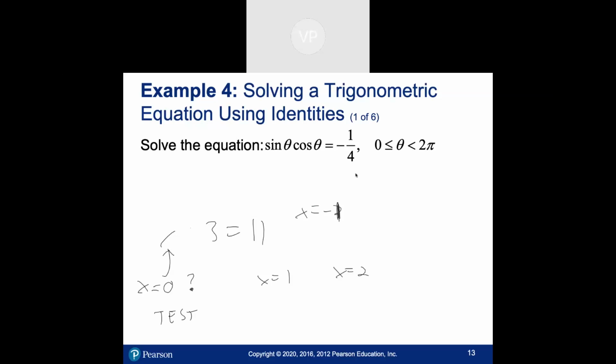Now, the main reason they do this is so that you hopefully will never forget that when you find a solution, it has to be something that makes the original equation a true statement. So when you see an equation like this, you can guess 0 degrees, 30 degrees, 45 degrees, 60 degrees, etc. You would probably get lucky and get one of them, maybe both of them. Maybe there's more than 2, we don't know.